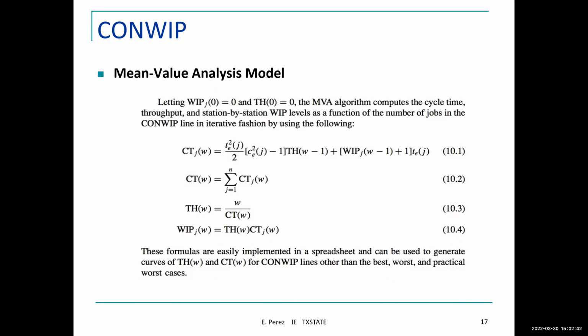For CT_j(w), in parentheses, we have the WIP level. And then we have CT(w). Again, we defined this already as the summation of all the cycle times for all CT_j(w)s. The throughput for w is going to be the WIP level divided by CT(w), and WIP_j(w) is going to be equal to the throughput times the cycle time.